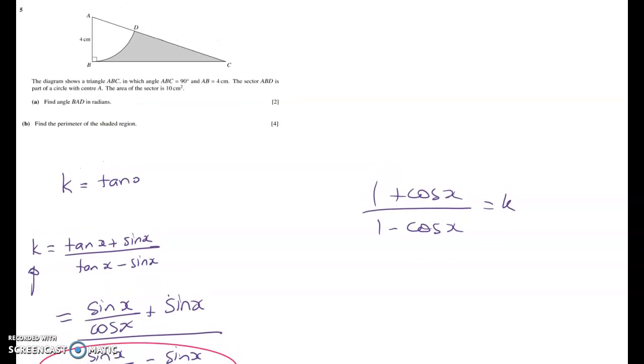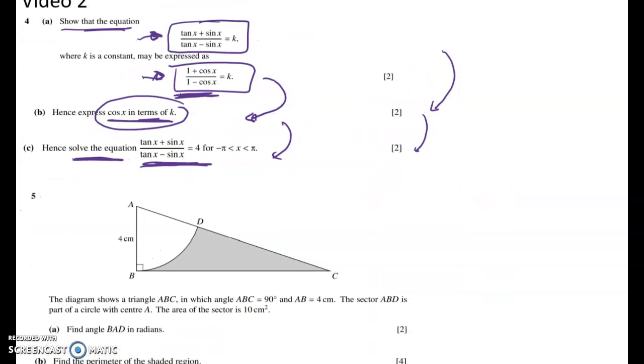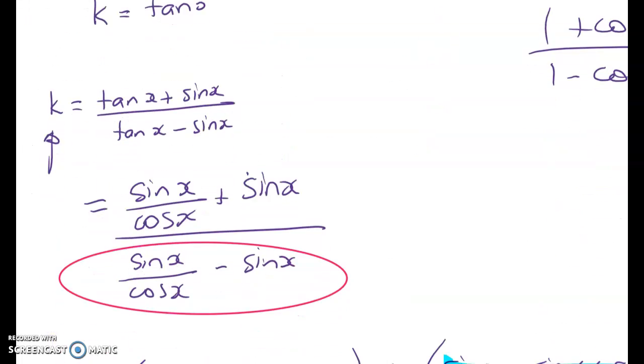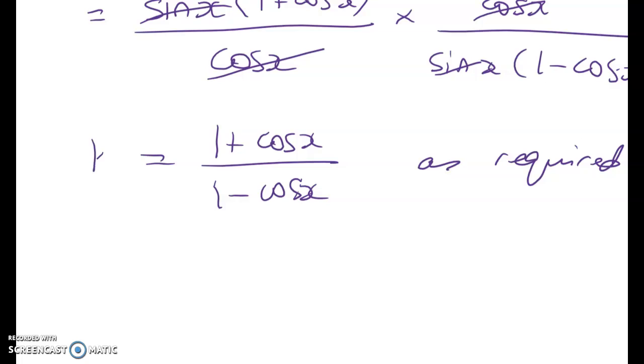Right, the next thing we have to do is to hence find cos x in terms of k. In other words, we need to get an expression for cos x, which has got k's in it. We need to make cos of x the subject. So k minus k cos x is equal to 1 plus cos x. I'm going to gather up everything with cos of x in it.